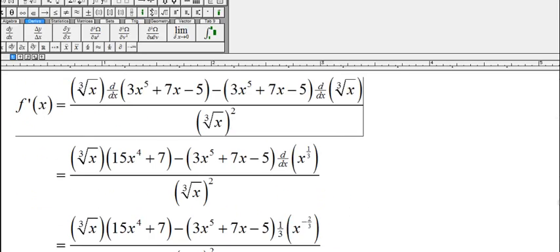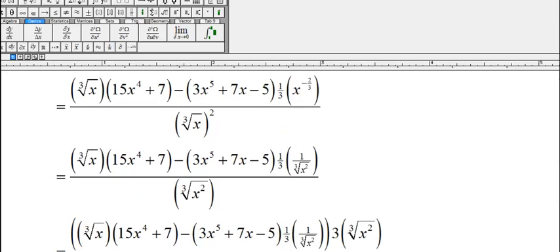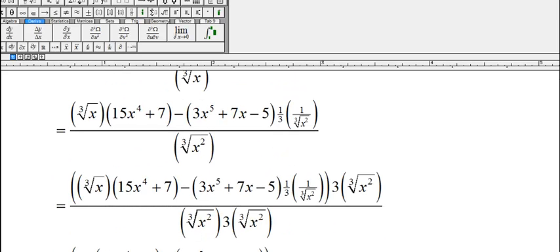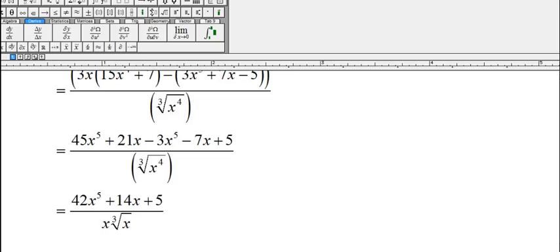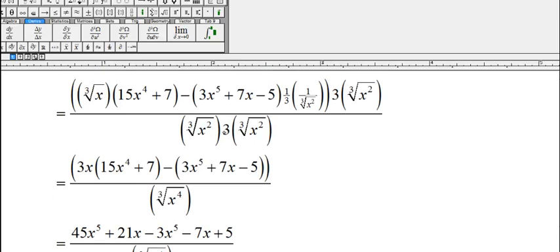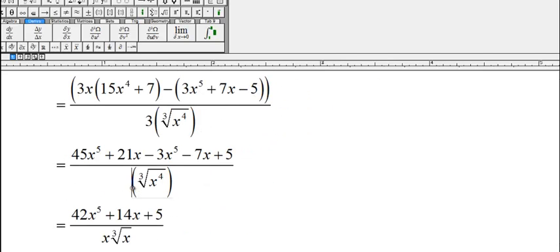Oh yeah, there was a 3 in the bottom somewhere. I think I lost that somewhere on the way down here. Where did I lose it? There's the 3 right there. So it should be here. Okay, so 3x cube root of x in the bottom.